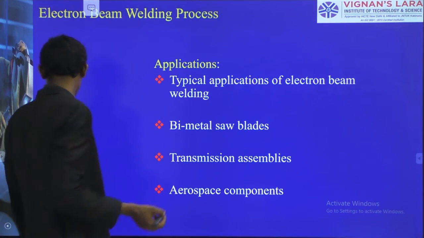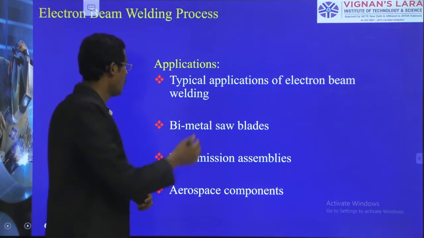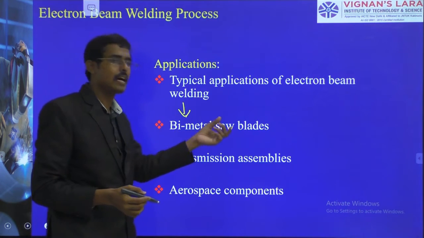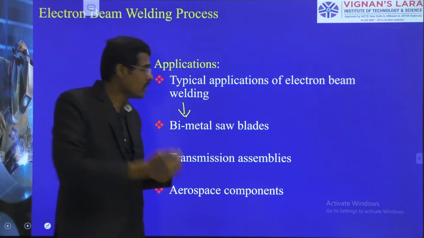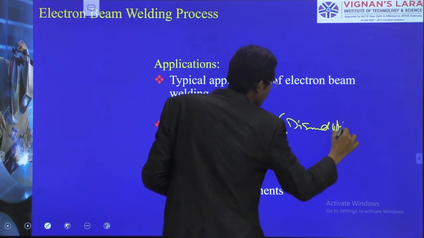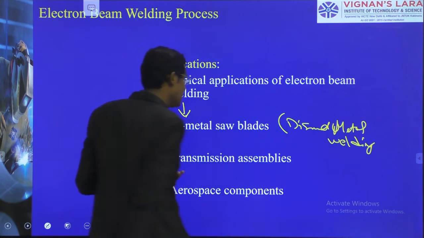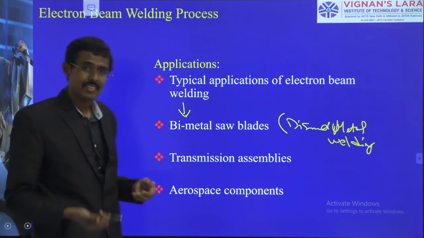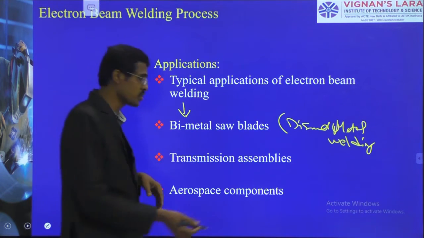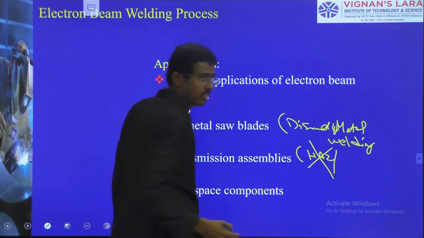So the typical applications of electron beam welding are: you can weld bimetal saw blades, some dissimilar metals welding. And then transmission assemblies, where we have to reduce heat, because if the heat affected zone is formed, then it will all be failure.